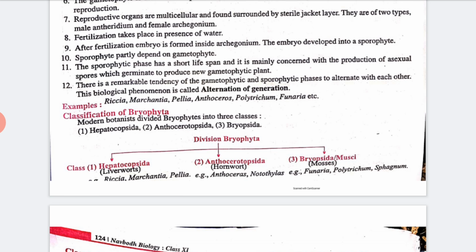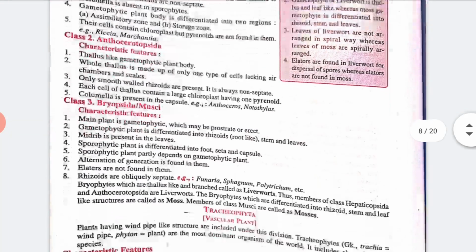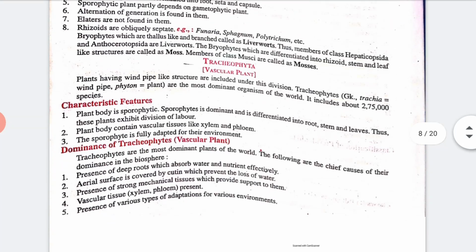Next we have Bryopsida, that is Musci. So, Hepaticopsida, that is liverworts, we have the example. Anthocerotopsida, that is hornworts, and Bryopsida we have mosses. Okay, in this way it is also categorized. So you can see the different characteristic features of these.